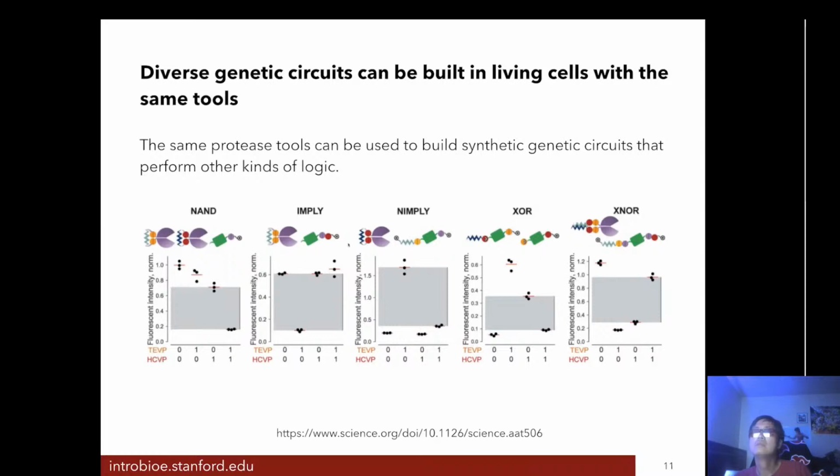There are IMPLIES, NOT IMPLIES, and exclusive OR gates, just all different types of logic gates that you can build using the same type of protease tools and using the same type of recombinase tools. You can build diverse types of logic gates as well. And so these different biomolecules can be used to build different types of synthetic genetic circuits.